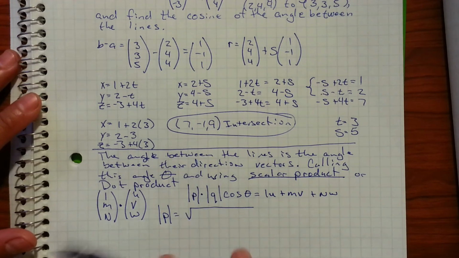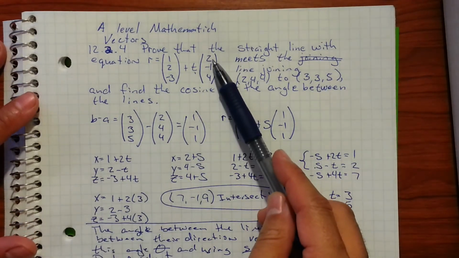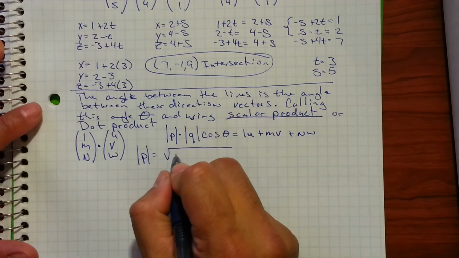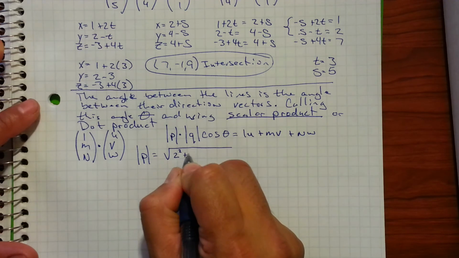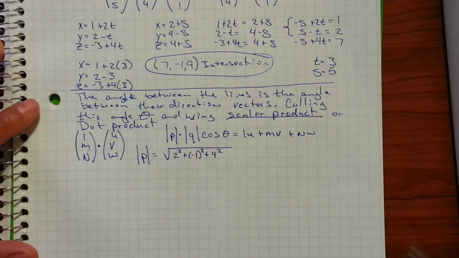My first vector was 2, negative 1, 4. So I have 2 squared plus negative 1 squared plus 4 squared.